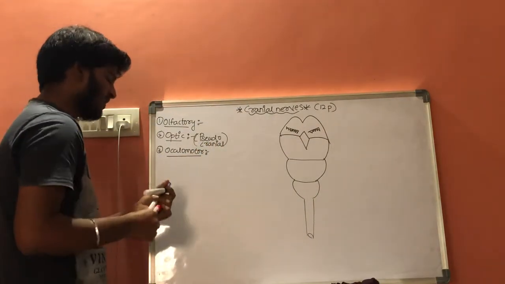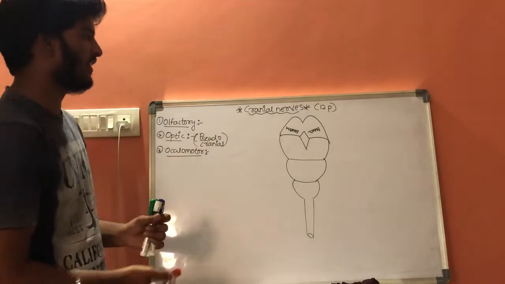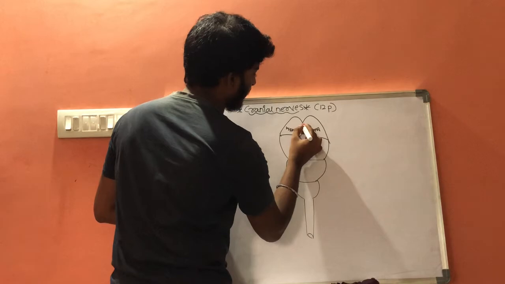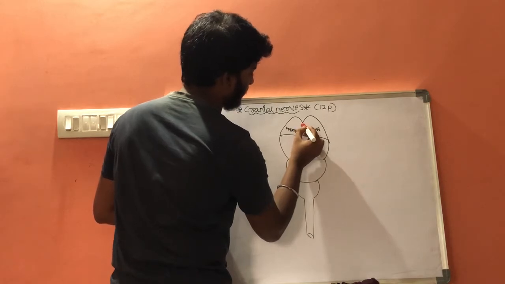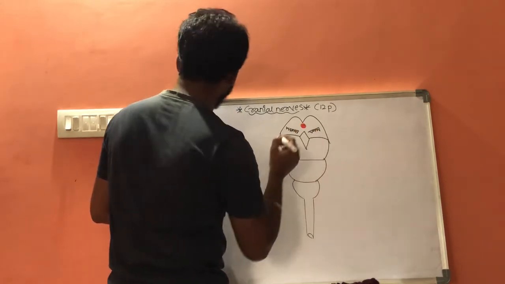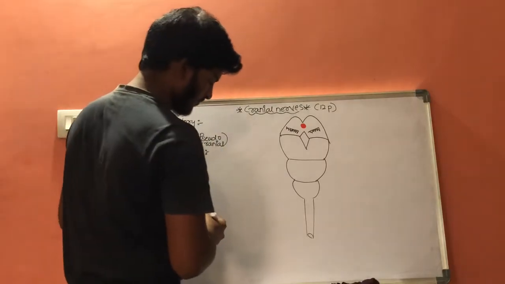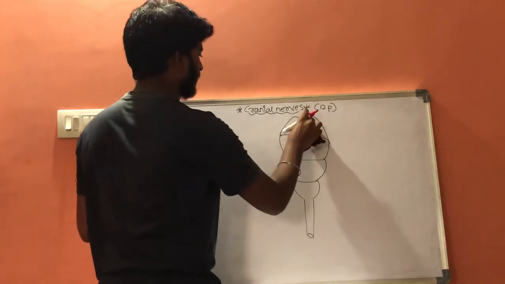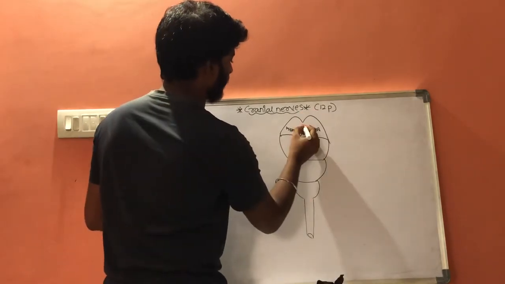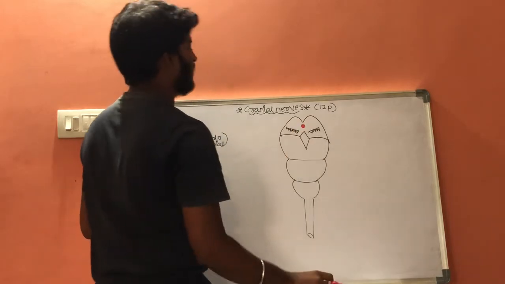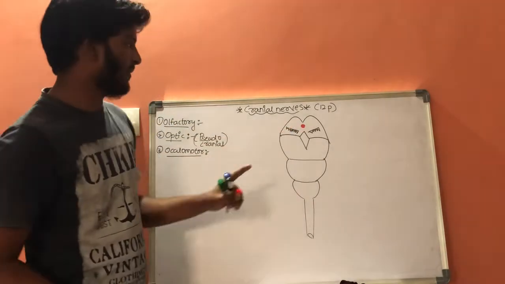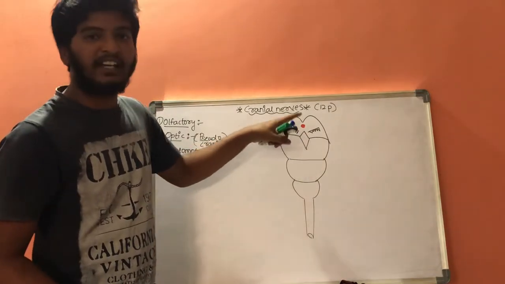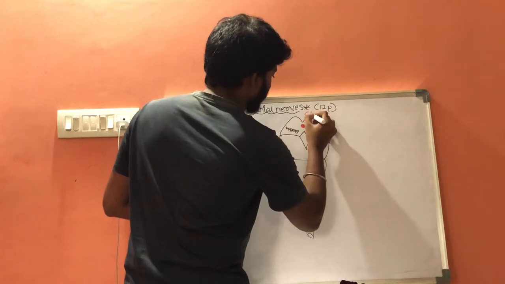On the anterior part of this midbrain, it consists of a special structure called the cerebral aqueduct.